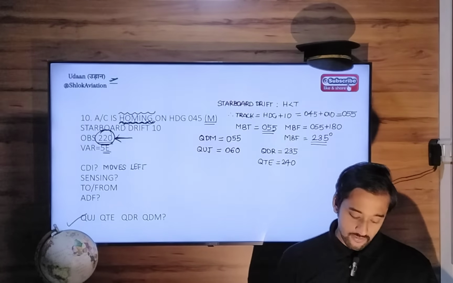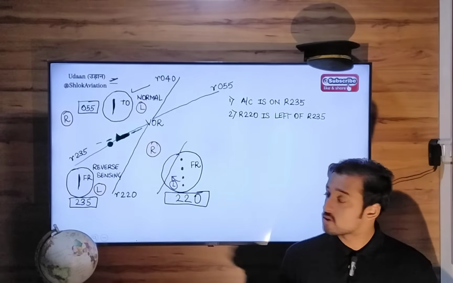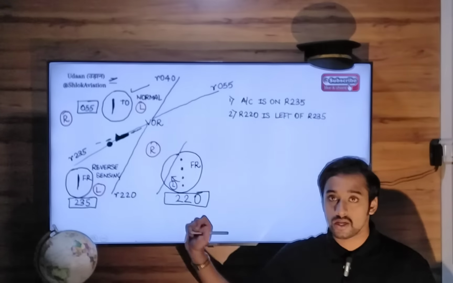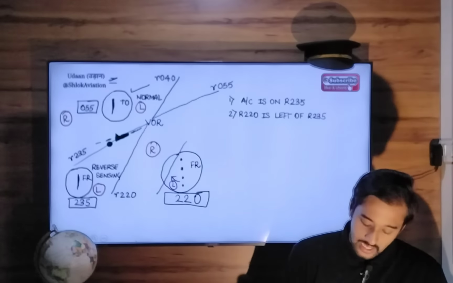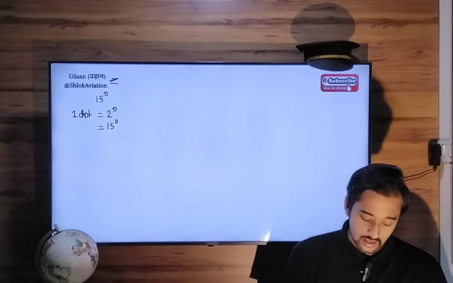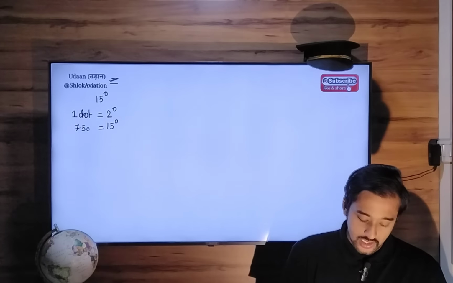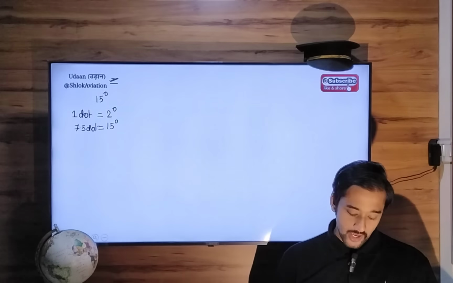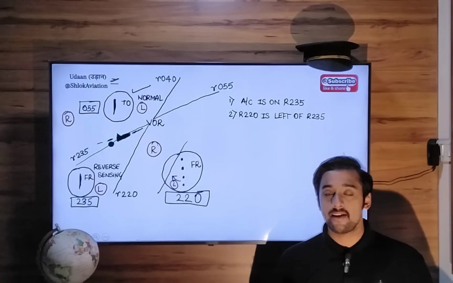How many dots left? The difference between 235 and 220 is how much? It is 15 degrees. Now one dot is 2 degrees. So 15 degrees will be 7.5 dots, right? But in VOR equipment, OBS selector, we have only 5 dots.